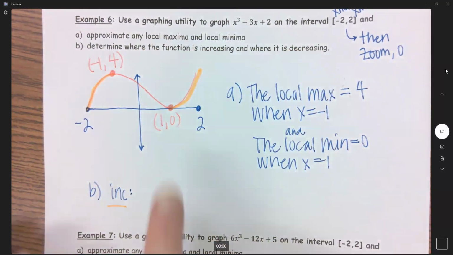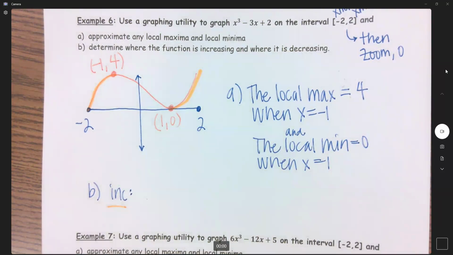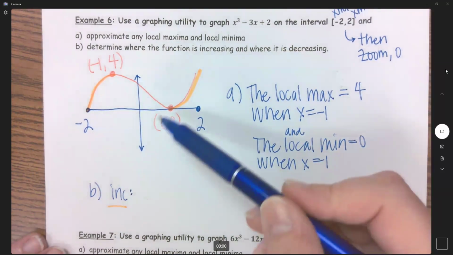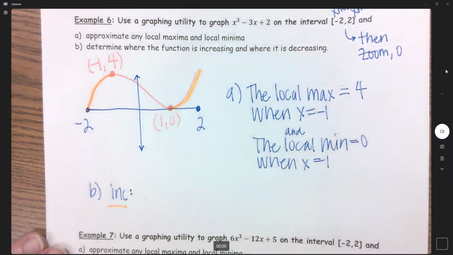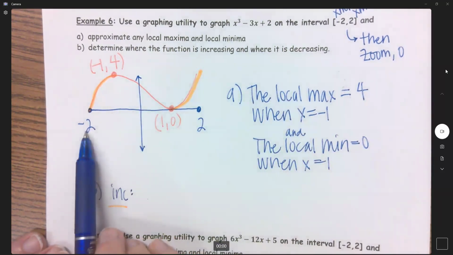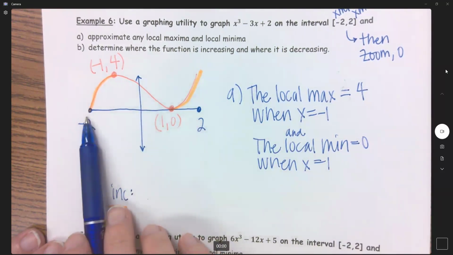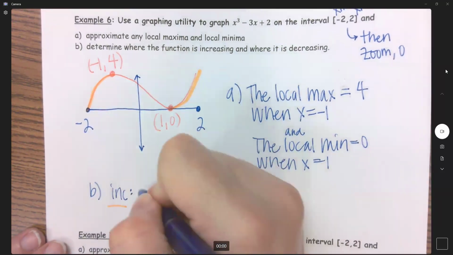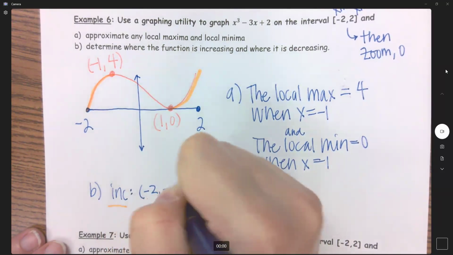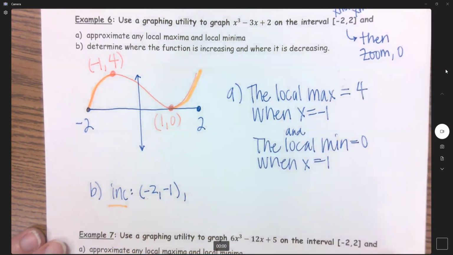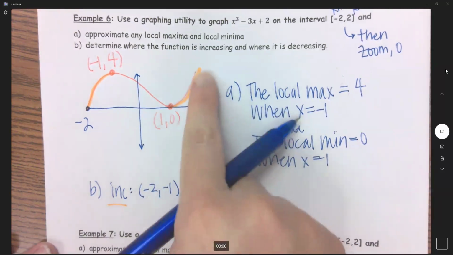That's where my y values are getting bigger as I go from left to right. Because we already know my y is increasing, we're talking about x's. So it does not go negative infinity to infinity. I have a start and I have a stop. My start is at -2 to -1, and from 1 to 2.